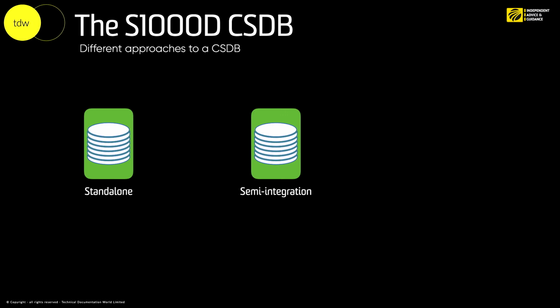There are some that will semi-integrate with external domains, and I'll talk about that in detail on our training course. What I mean is that some software vendors have identified that there is a mapping exercise from S2000M, for example, to the S1000D CSDB. They'll provide you with some templates.